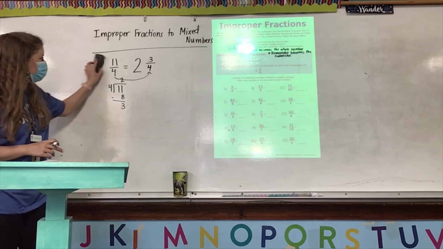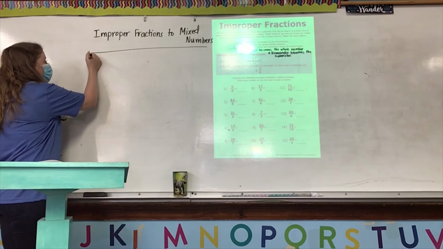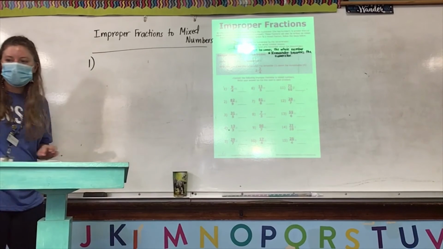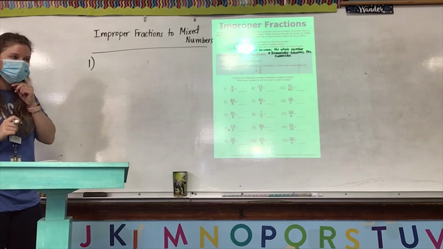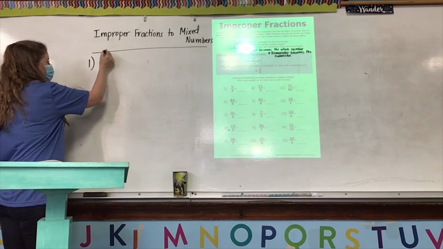Okay, I'm going to erase this and let's do number 1. You can draw a squiggly line under example or just a separator of some sort. And number 1, we have 9/4.